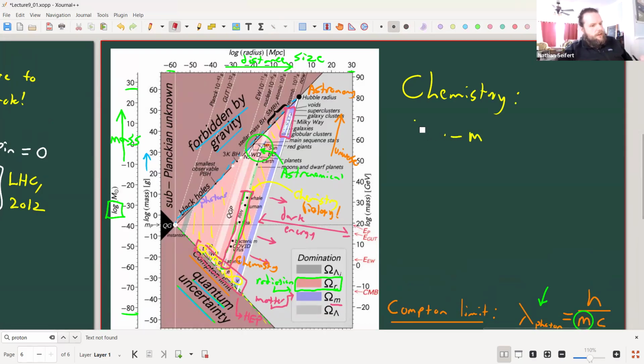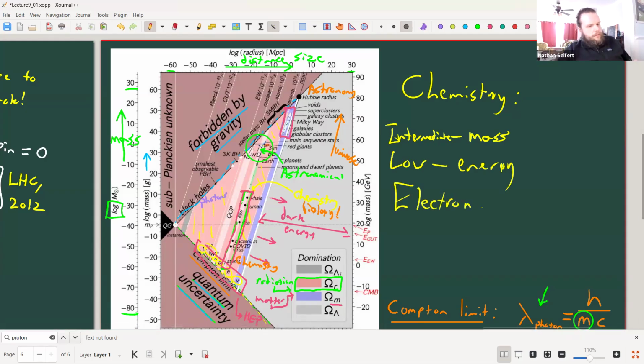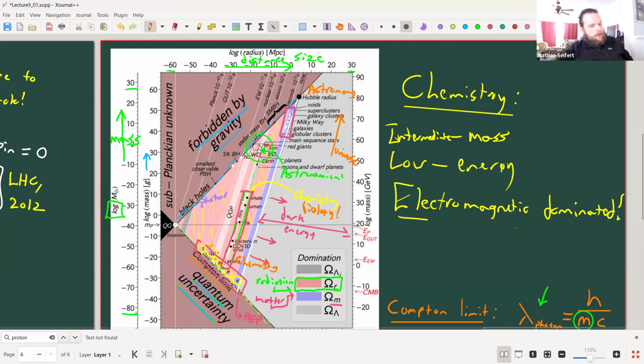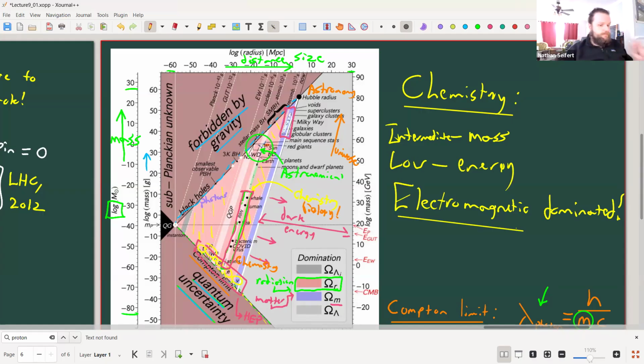Actually, it's not even low mass; it's intermediate mass, low energy, and electromagnetic dominated. Chemistry is the theory of the electromagnetic interaction at low energy and at high mass.